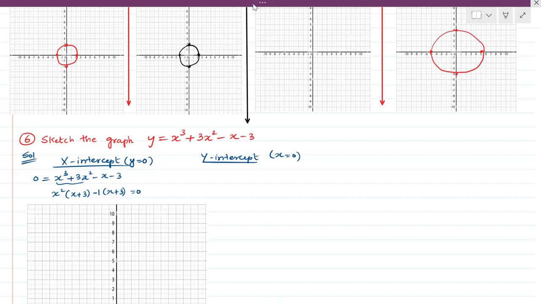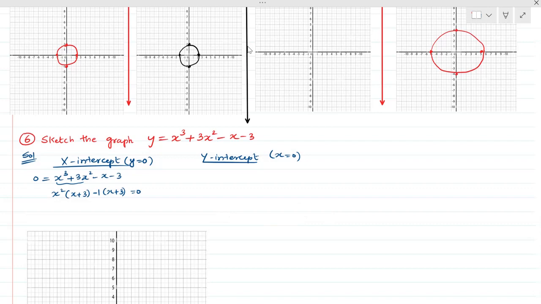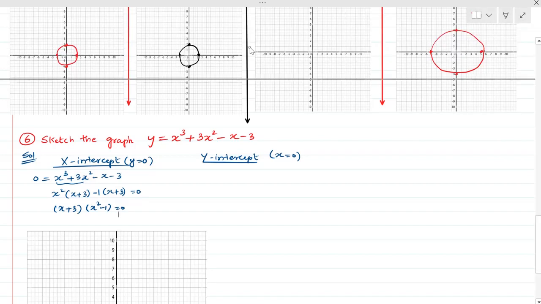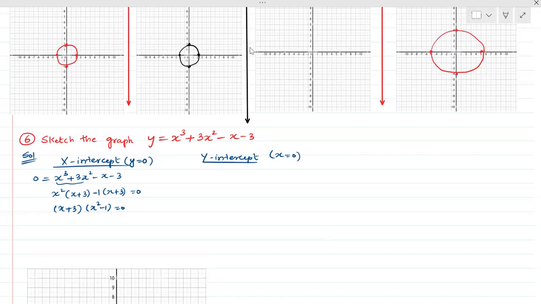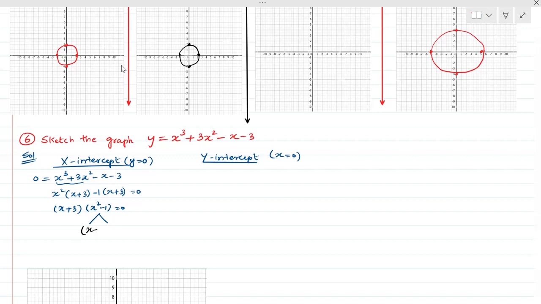Now x plus 3 is common, so x square minus 1 equal 0. Again it can be reduced by special factoring: x plus 1, x minus 1 equal 0.